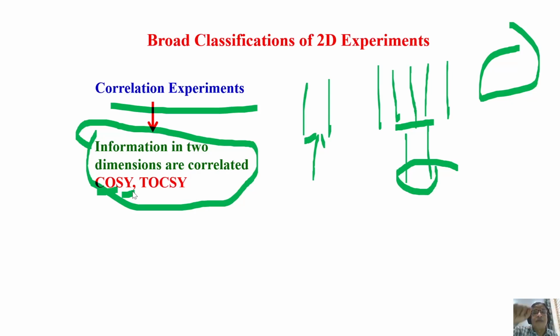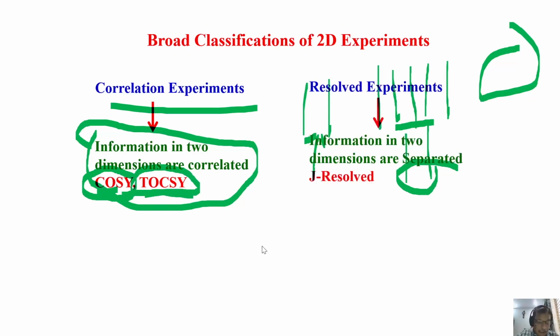Sequentially, we can go one by one and make the assignment. That is called chemical shift correlation. You can correlate chemical shifts of homonuclear spins which are coupled among themselves. There are many protons. The same thing can be done in the experiment called TOCSY, where the whole spin system can be identified. And this is homonuclear.